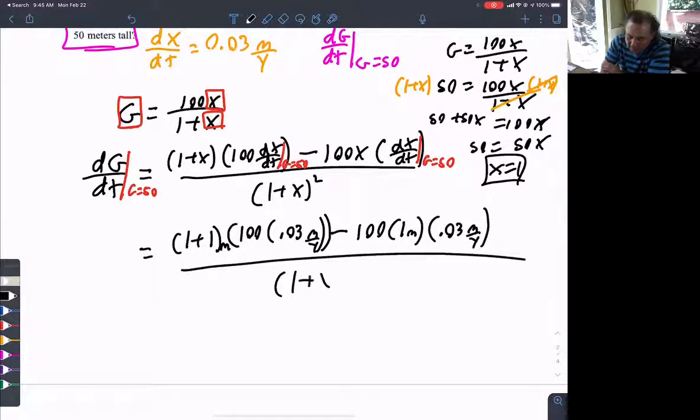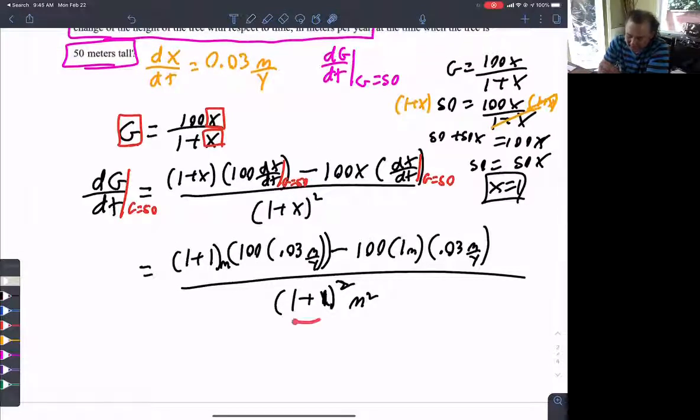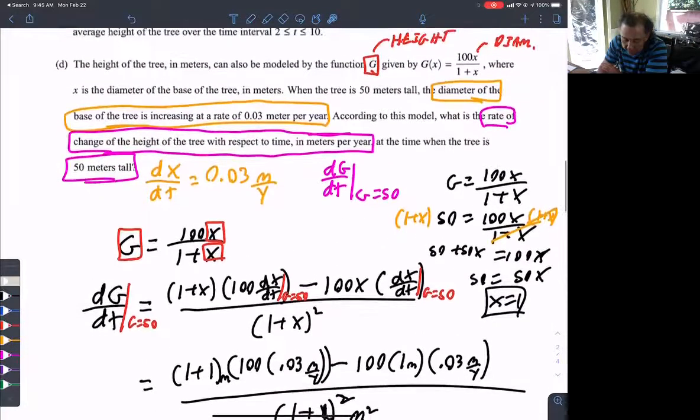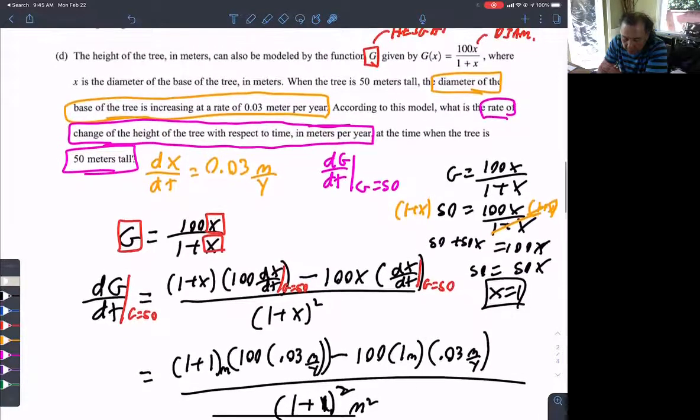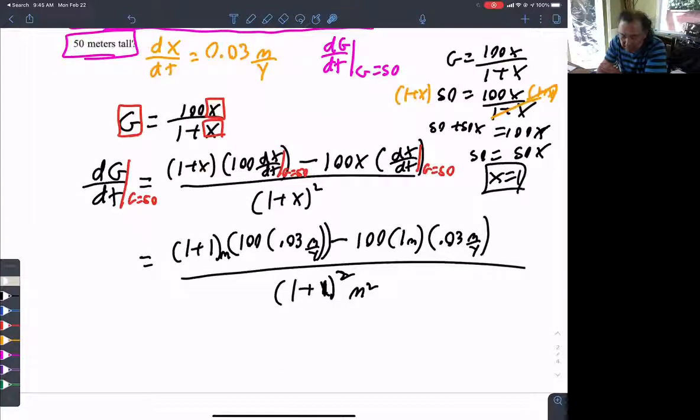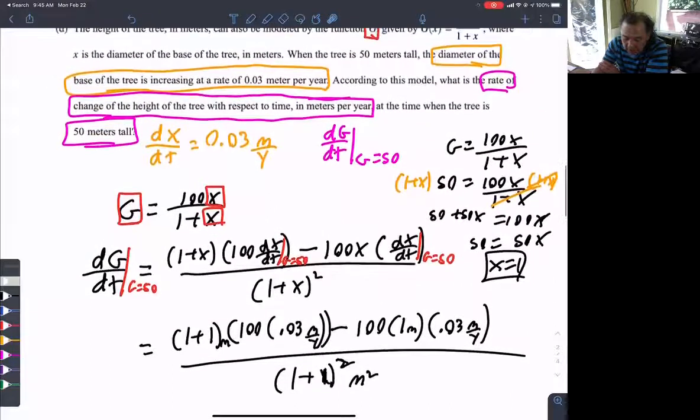And 1 plus x, but x is 1. And that's squared, but that's going to be square meters there also. Why? Because this is in meters and it's squared, so it's going to be square meters. I'm missing one more unit. This whole thing, the 100, there's another meter there. Hold on, folks. Let me double check my units. My numbers are good. It's just my units right now.